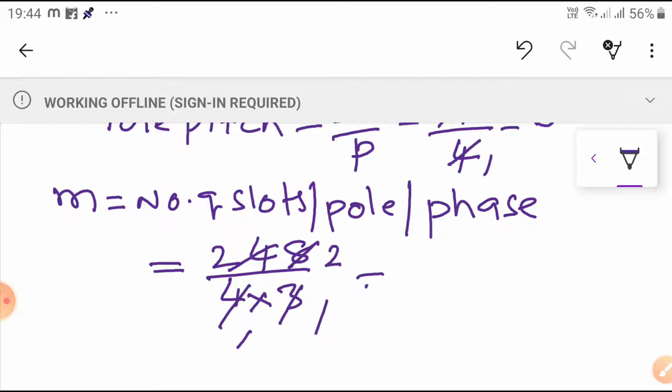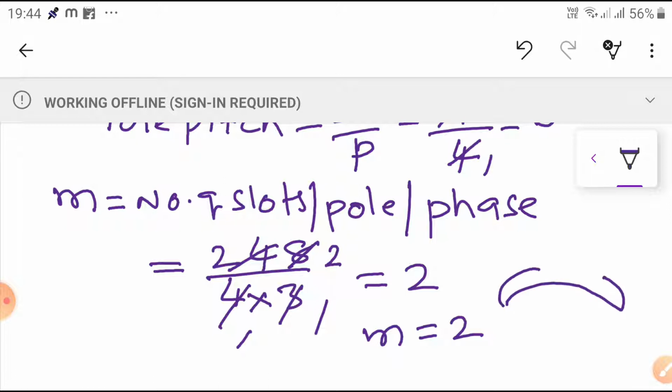That means m is equal to 2. So, that means slots per pole per phase: under the influence of a North Pole, for example, 2 conductors for 1 phase, 2 conductors for another phase, 2 conductors for another phase.